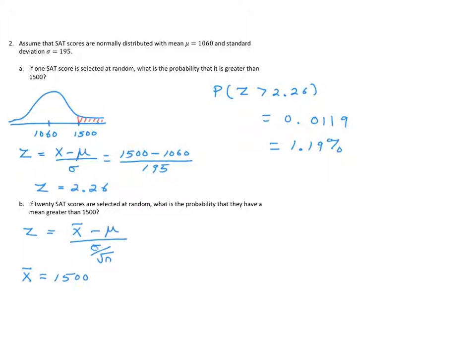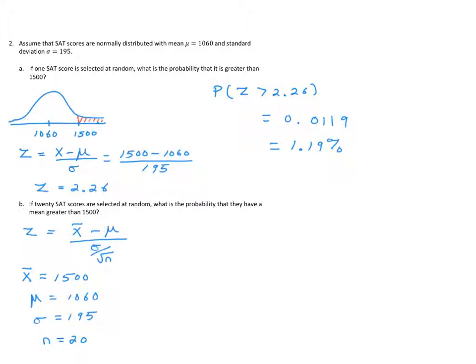So it's not just one score now. Like up here, this x was just one score that was greater than 1500. Here, we're choosing 20 SAT scores, and we're saying we want the mean to be greater than this. So this is the mean of those 20 scores. We still have that the mean is a 1060 and that the standard deviation is 195, but here n represents the number of scores that you are choosing, which is 20.